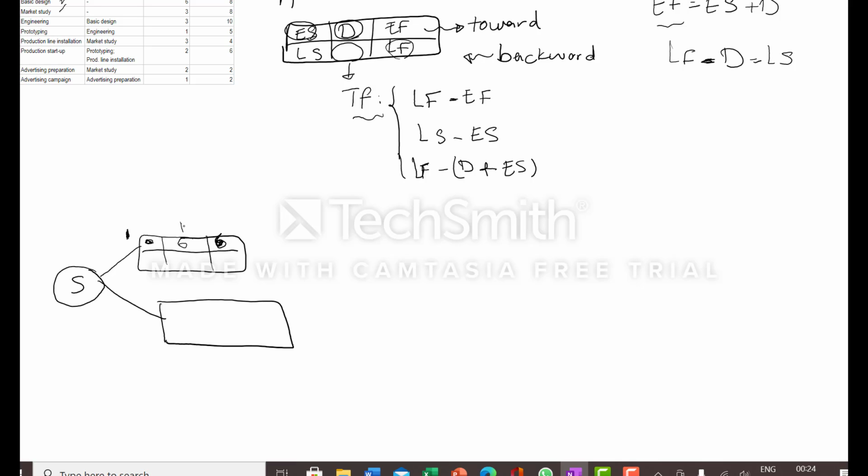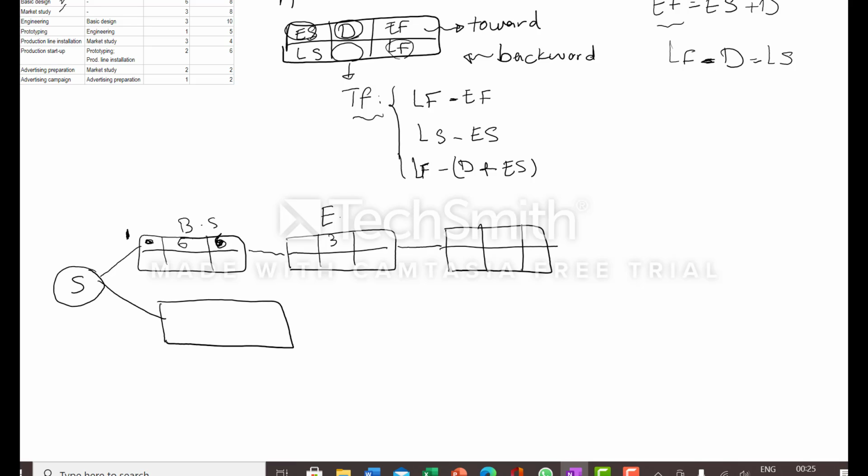This is basic design. The basic design is predecessor for engineering. Engineering takes 3 months. After engineering, we can start prototyping.